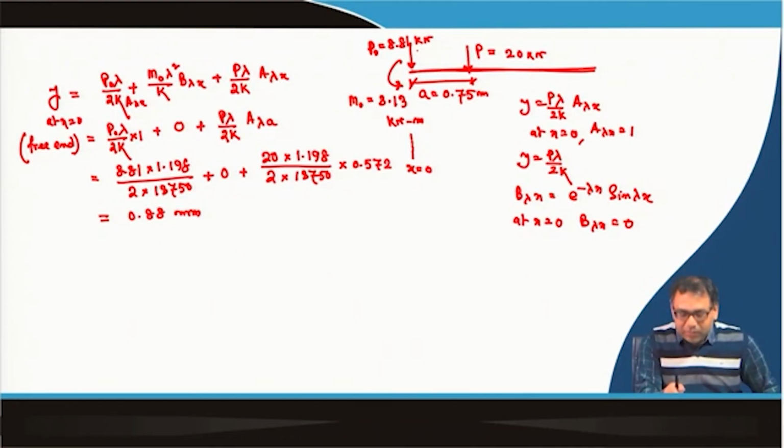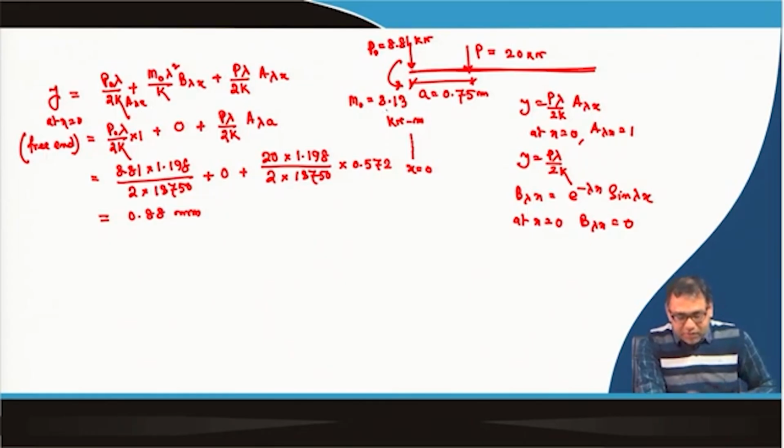Now, one thing I want to mention here: the second term is coming 0, so we can just make the whole term 0, but you can see here m0 is written. When you write m0, you do not write 3.13.